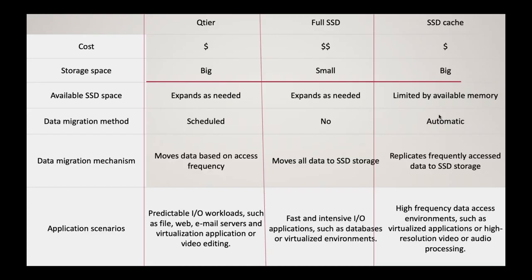QTier lets you have a larger SSD tier, but cache will immediately take a file you open and put it on the cache. And so that's the advantage of cache. And cache is more customizable, so that if you have an SSD RAID group with less throughput than your HDD RAID group, you can set the cache to random only, and then it still helps.